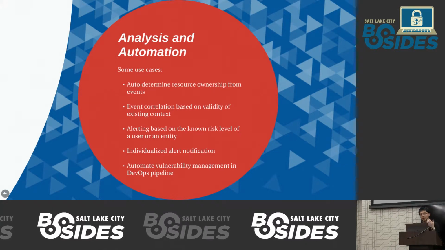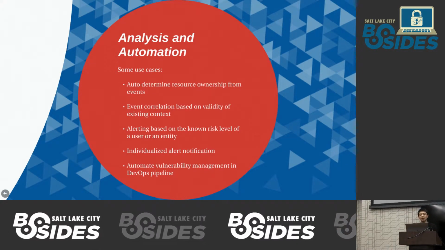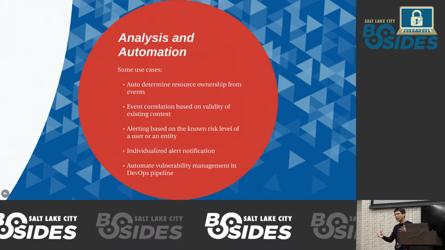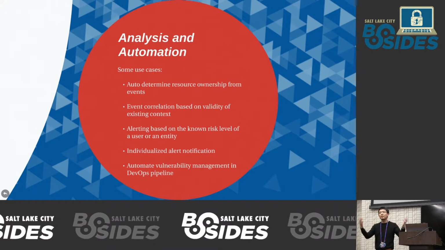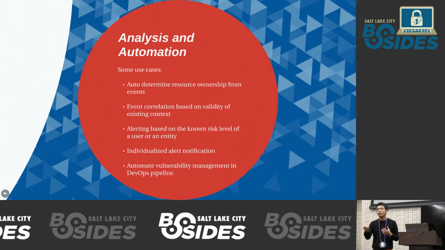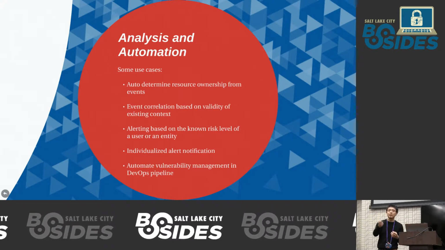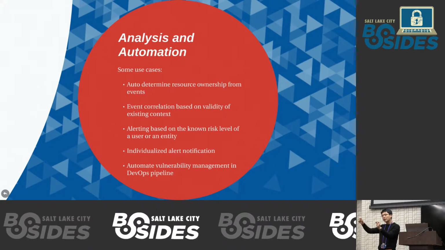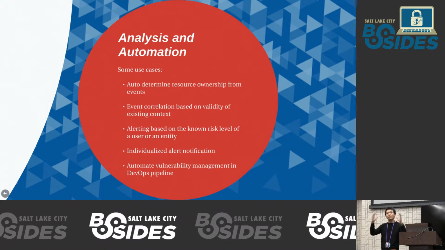You can do event correlation based on the validity of the existing context. This is a far better approach than using a SIEM, a Security Information Event Manager, because what you have right now is a persistent context. You always know what you have, your current environment. When an alert comes in, when an event comes in, you can always correlate, not just to some other random events that may happen within that window of time, but to what you currently have.